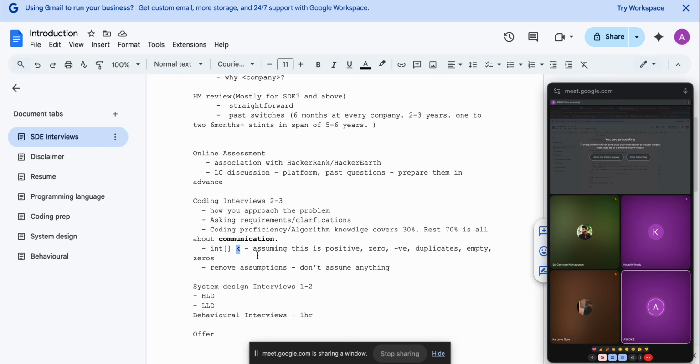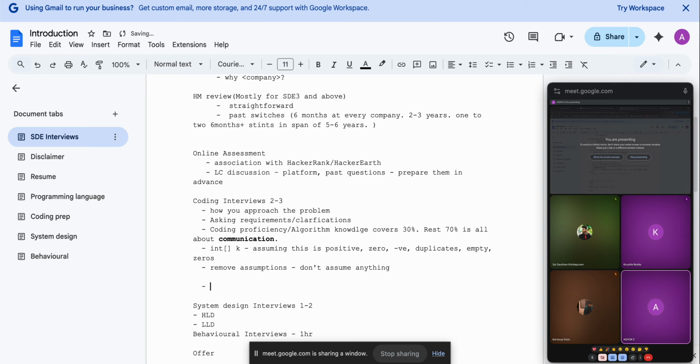But you cannot expect the same in a real interview. In a real interview, they'll simply pose a theoretical statement. You need to solve for that. So it's your responsibility to arrive at the constraints of the problem, right? You can arrive at the constraints only if you ask probing questions to the interviewer, right? So this is only about requirements clarification.